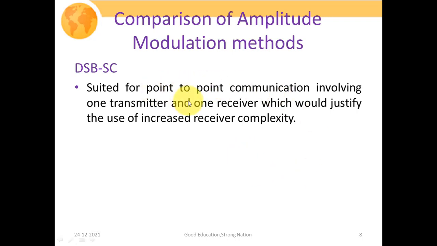So it is suited for point-to-point communication. This is the basic application area of double sideband suppressed carrier systems, which involve one transmitter and one receiver, which justifies the increased receiver complexity.